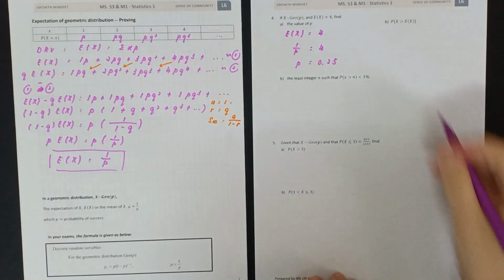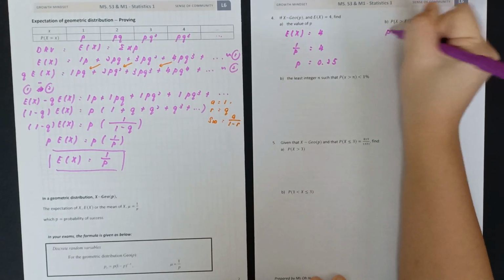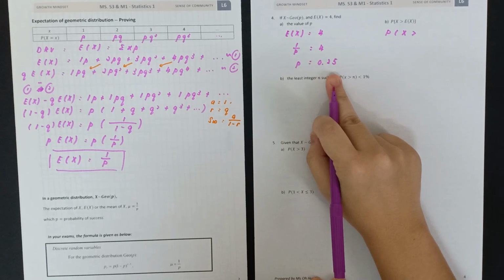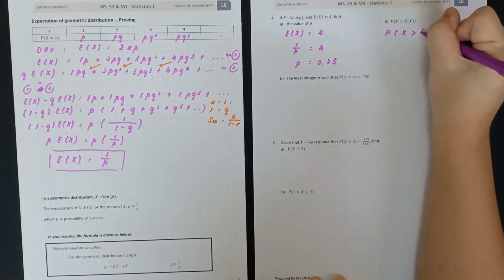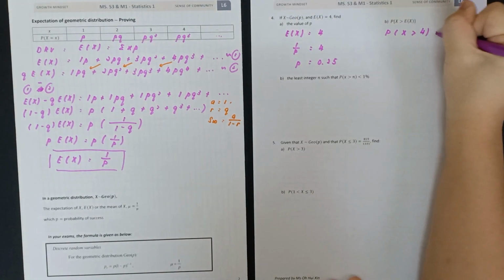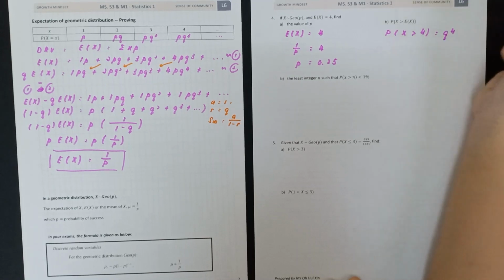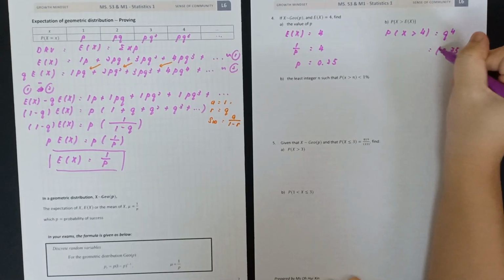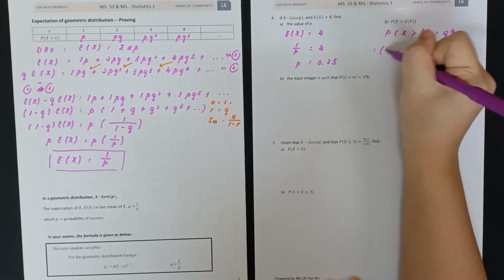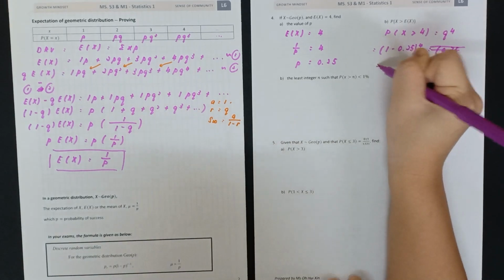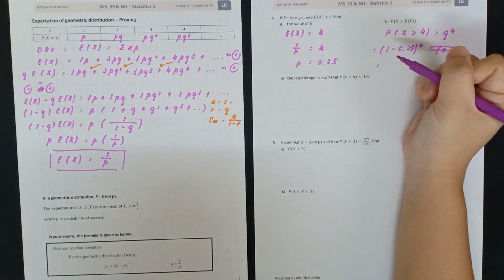Okay, so B is the same thing, repeated again. The probability for X greater than your expectation, which is 4, meaning the number of trials needed for your first success is greater than 4, so you must have 4 failures. So it will be 0.75 to the power of 4, or written a better way, (1 minus 0.25) to the power of 4.